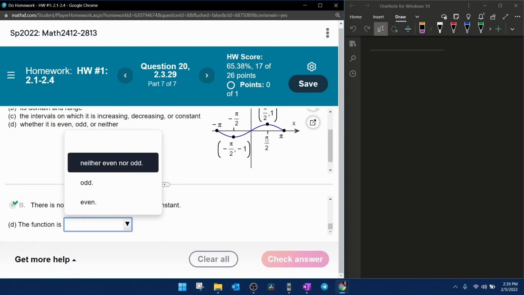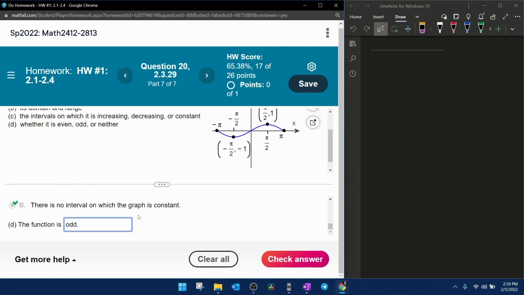Odd is rotational symmetry, meaning that this hump, if I rotate around the origin 180 degrees, would lay on top of this hump. And it does. See, if I spin this graph 180 degrees, it's going to look the same. So this is an odd function because it has origin symmetry.